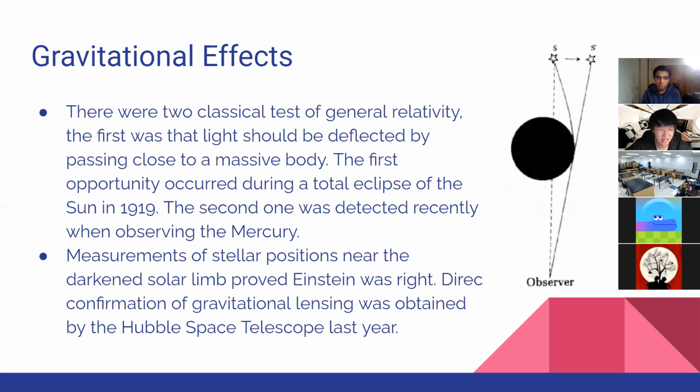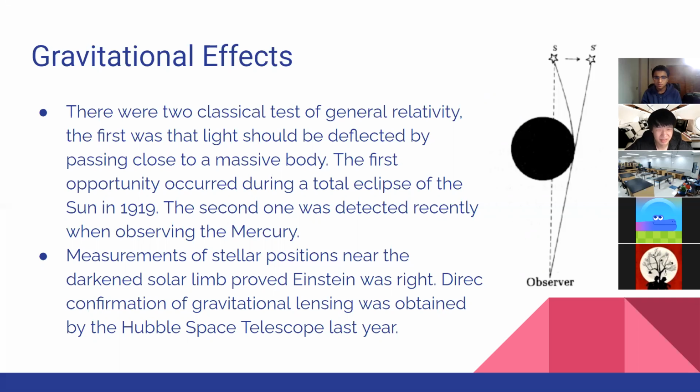The first one was that light should be deflected by passing close to a massive body. This is what we just talked about. In 1919, they observed such an effect during a total eclipse.